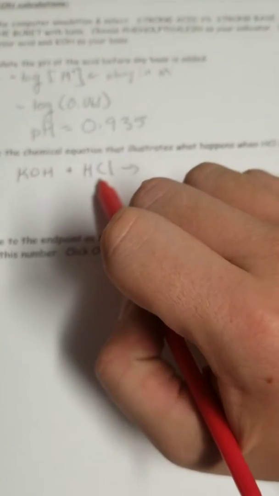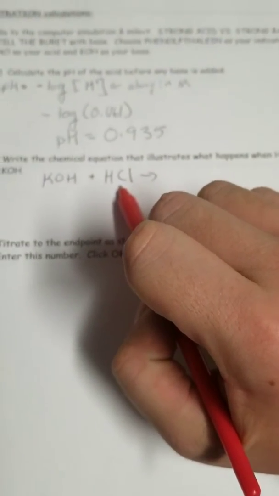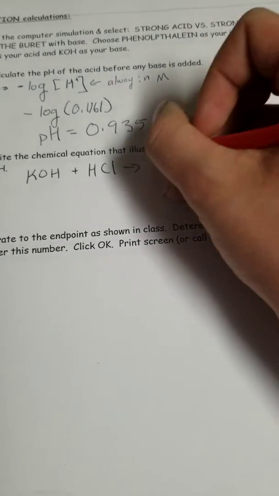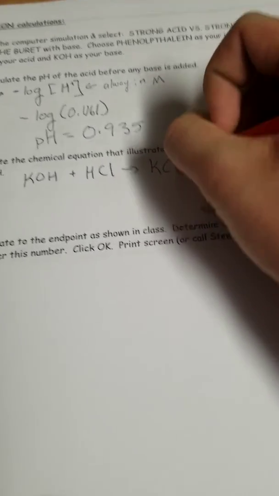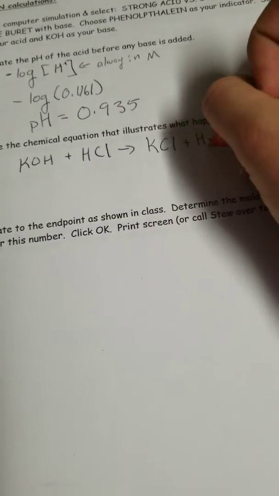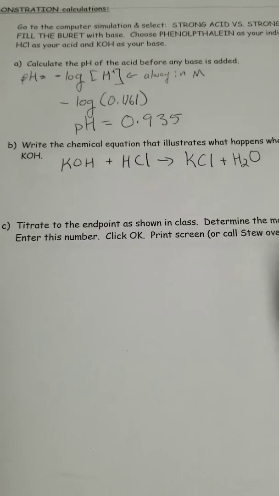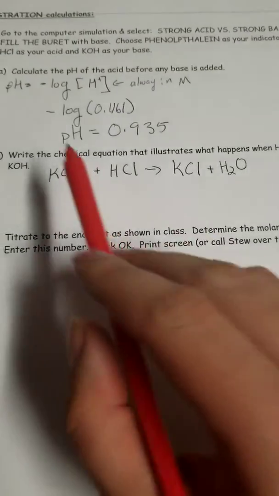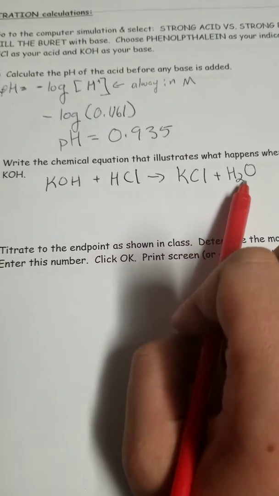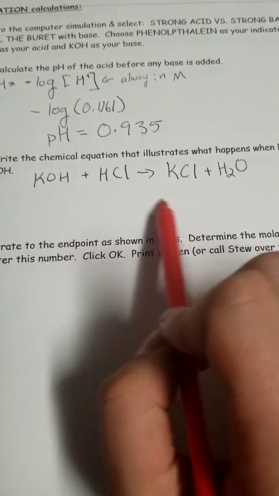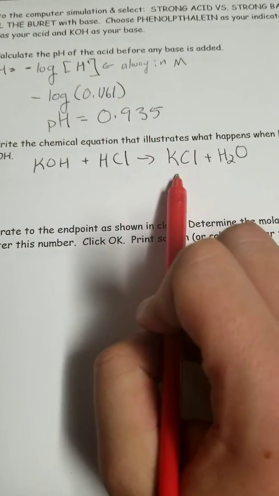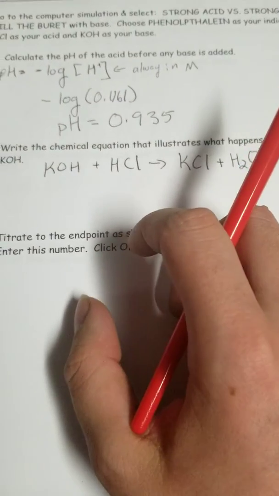The K is going to pair up with the Cl, and the OH is going to pair up with the H. So you end up with KCl and HOH, or H2O. When we look at this, we have one potassium, one oxygen, two hydrogen with two hydrogen, and one chlorine and one chlorine. So it's already balanced for us, so we don't have to go through and balance it.